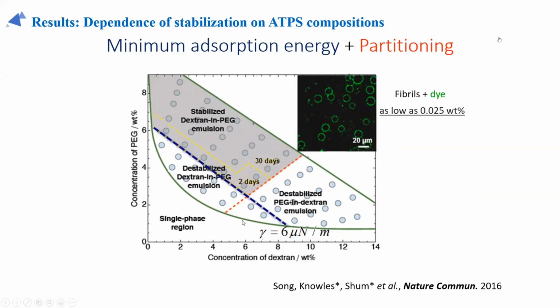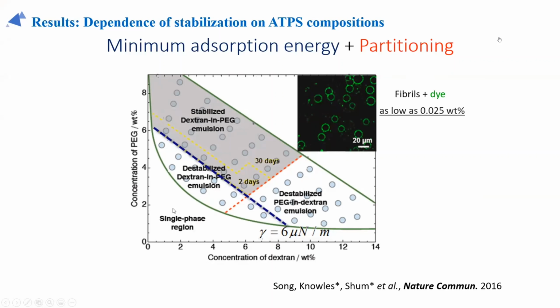If we go from the single phase region all the way outwards, to remind you of what we talked about, in this single phase region, we don't have any phase separation, so there is no interface. The interfacial tension should be 0. But as we increase the concentration, we start to have an interface, and the interface starts to have a higher and higher tension.